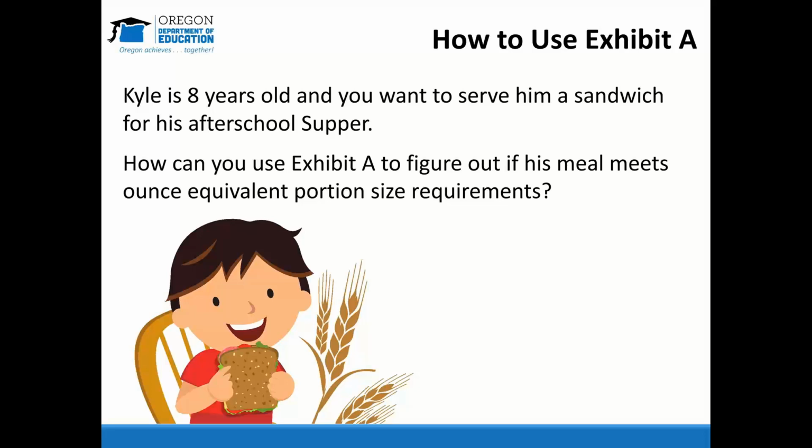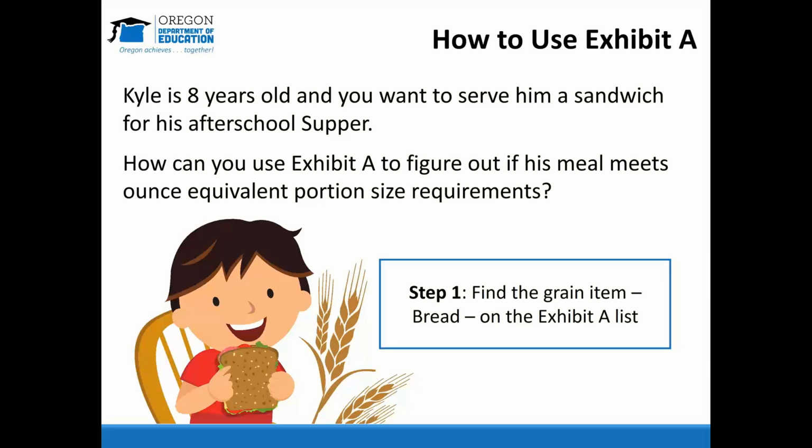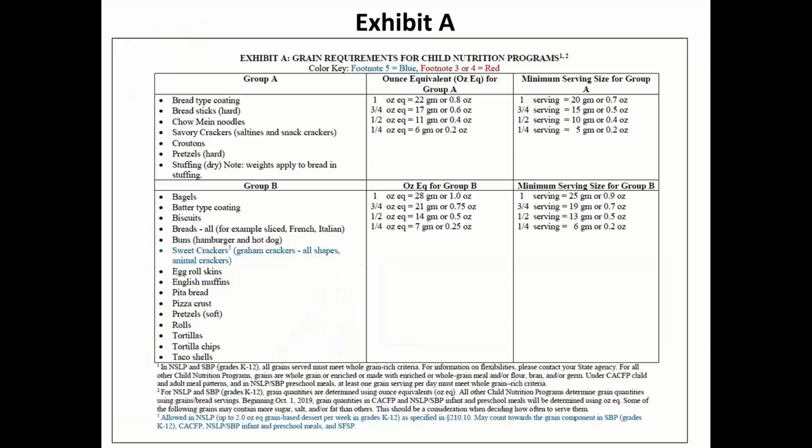So the first thing you're going to do is to find the grain item on your Exhibit A list. In this case, bread is going to be on Group B of Exhibit A. So you can see here on Exhibit A, we have Group B, and you can see breads listed right there.